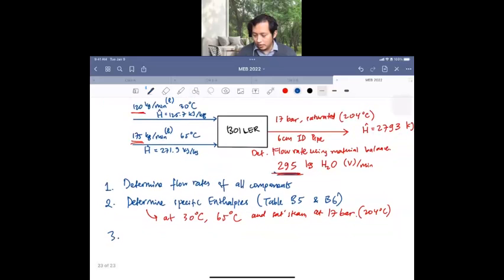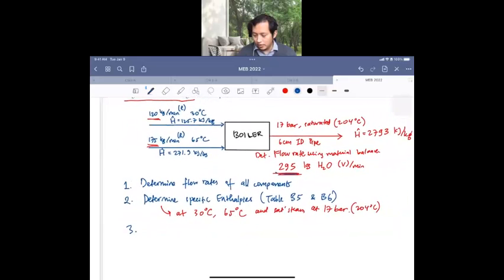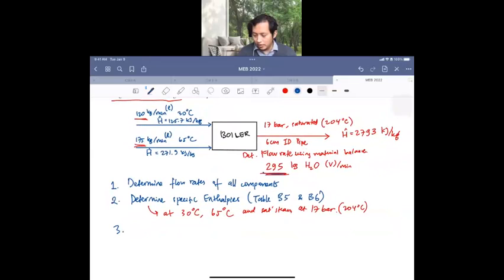And then the next step is, after we draw the schematics and write all the necessary flow rates and specific enthalpy, after we got all the requirements, then we can write the general formula for the energy balance. Okay, so formulate the energy balance.